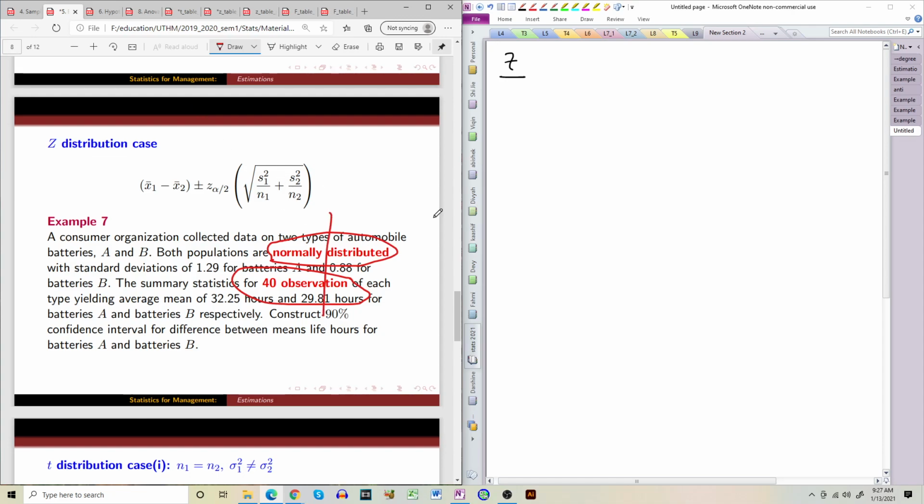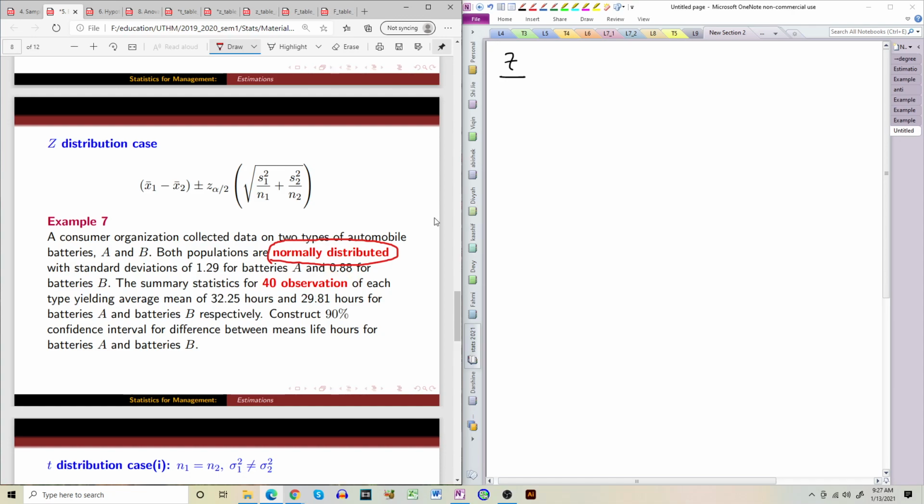I repeat, this phrase must be there, and the sample size for both populations must be more than 30.